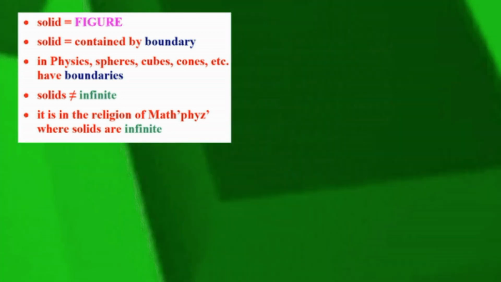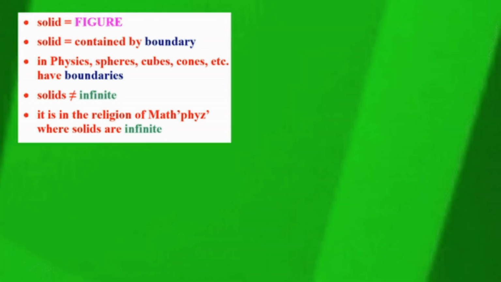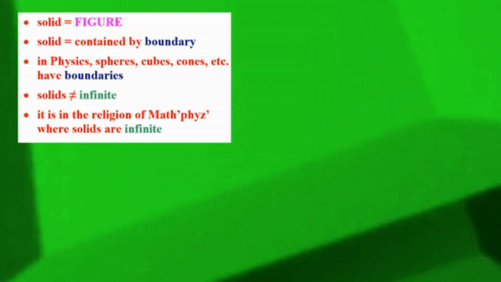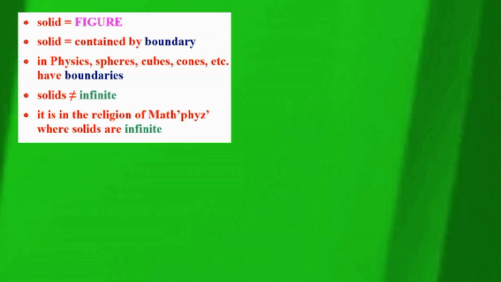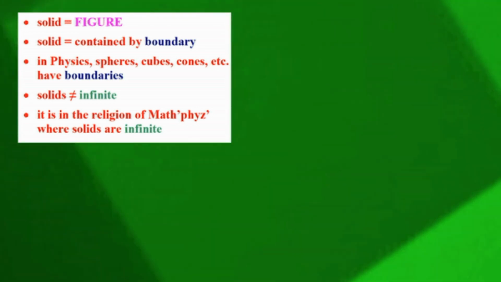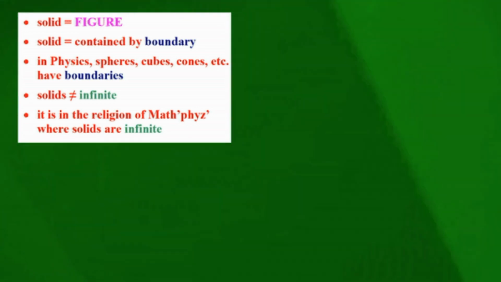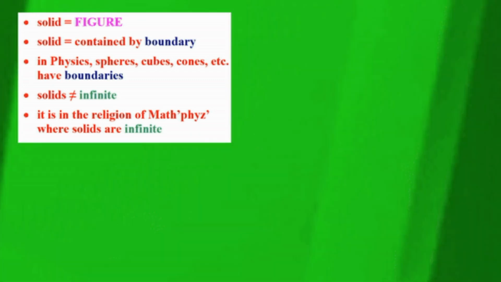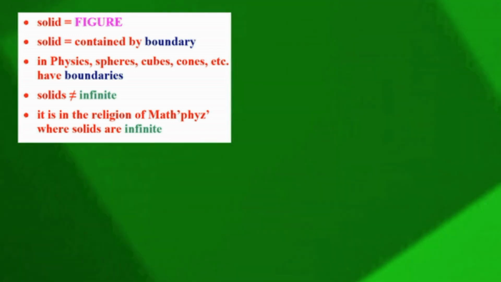Okay, and the same applies to solids, by the way. Here you have the infinite solid. Okay, put a tesseract floating around. Is that infinite? Infinite cube and infinite tesseract? No. Any solid is a figure. It better have borders, a surface. So it better have some end to it.